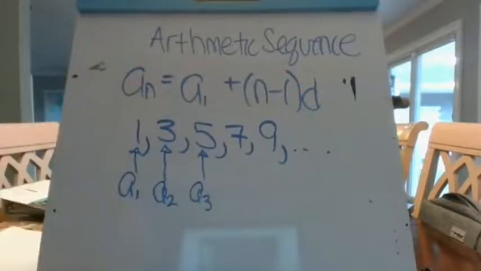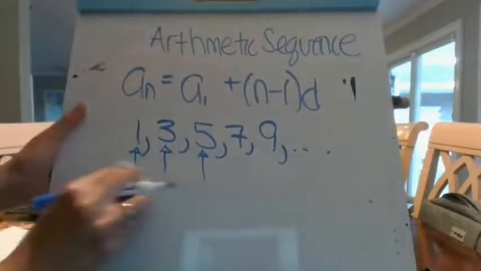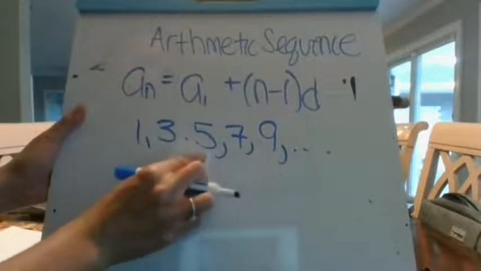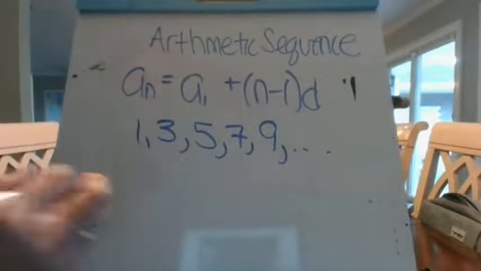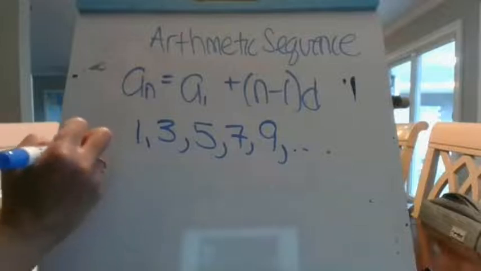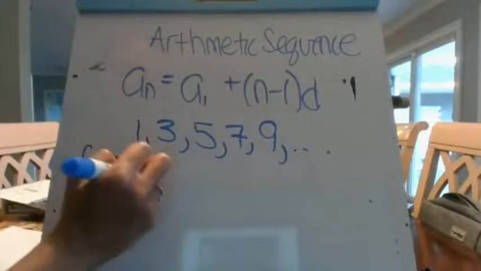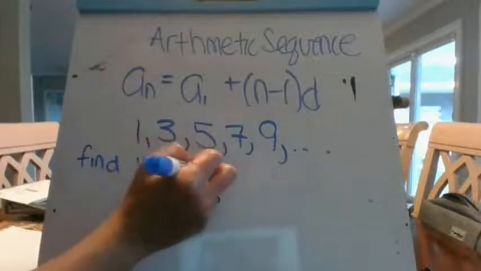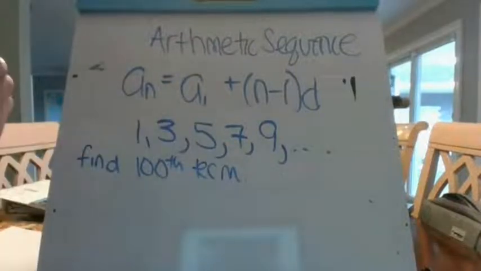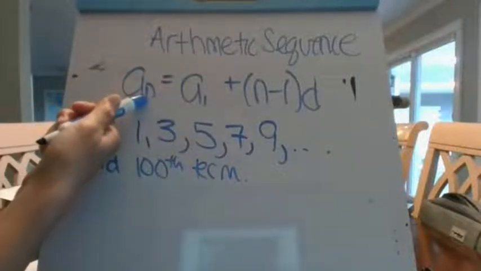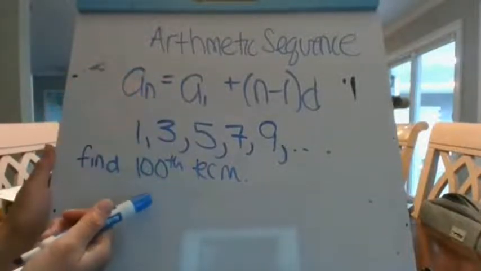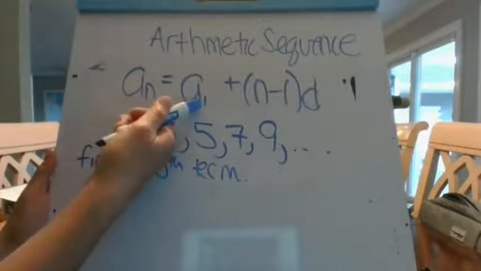So if we look at this sequence, let's give it an example. Say I wanted to find the 100th term of the sequence. You could definitely do this by hand, but it would take a long time. The easiest way to do this is to use this formula. So what we're looking for is the 100th term. I have the first term.